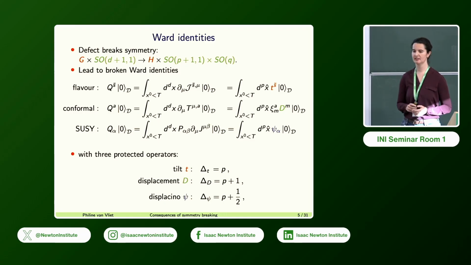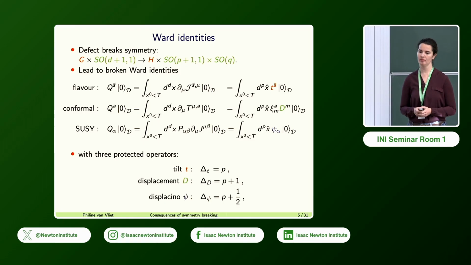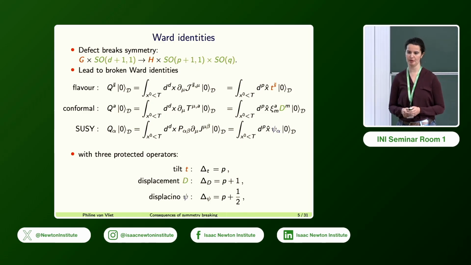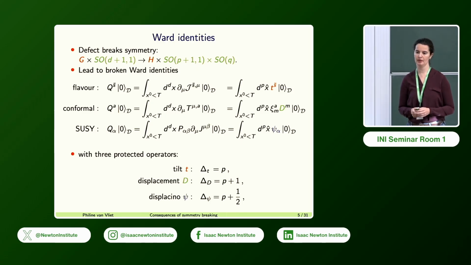Sorry, yes, small question. In this definition or integral, how do you deal with this intersection between the topological operator and the defect? Yes, we will see this later on. I will work out these integrals specifically. We're going to use the bulk to defect OPE that Marco also described in his talk before. That was not included in the integral.